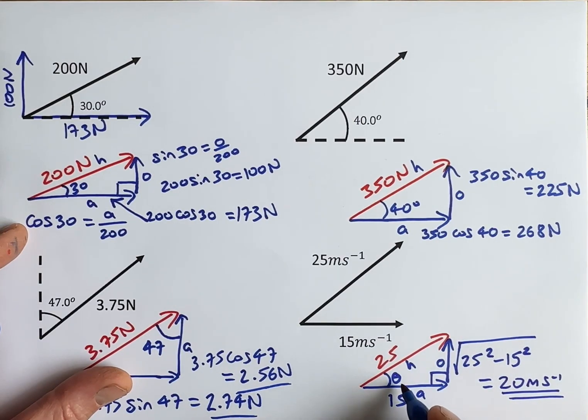And then the angle, well, we know the adjacent, we know the hypotenuse, so we can use cos theta here, okay?